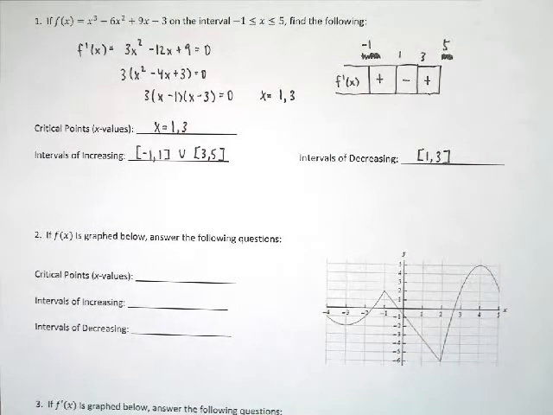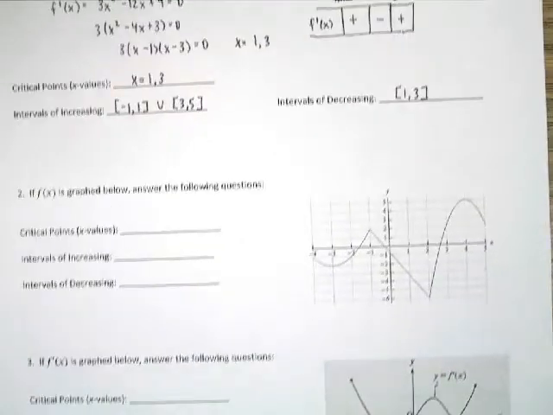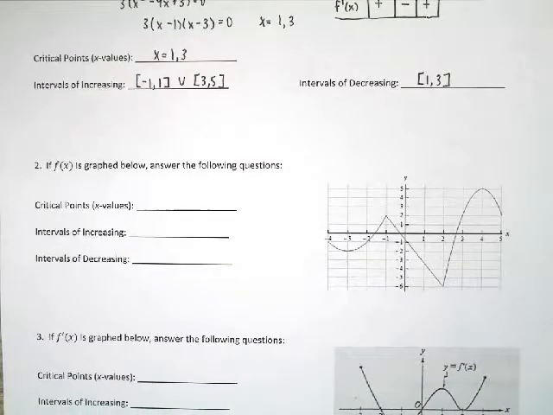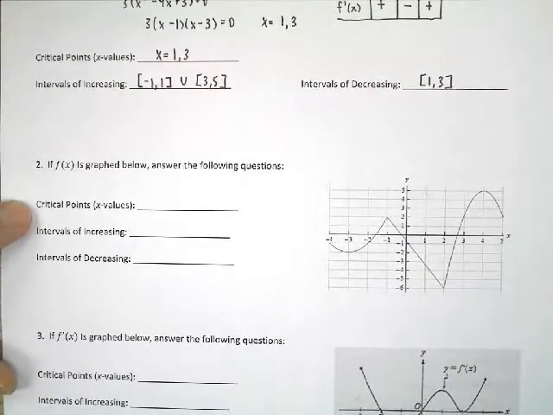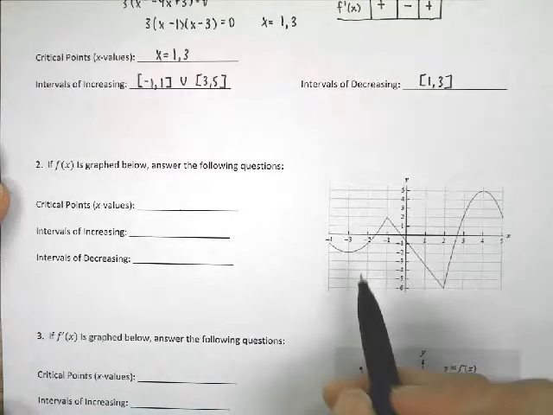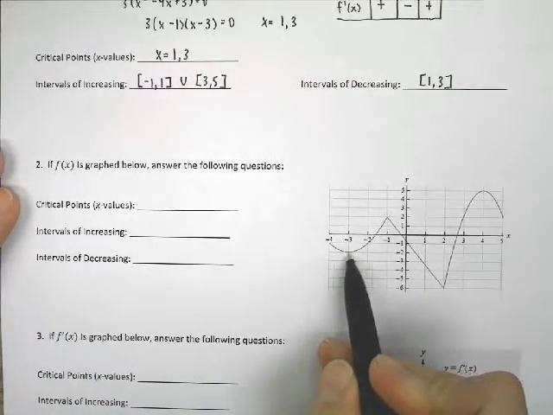Okay, next we have the graph of f of x. And again, just the same questions. So now my critical points I know are going to be where the derivative equals 0, so any horizontal tangents, as well as points where that derivative is undefined. So if I'm looking here, I have a horizontal tangent here at negative 3.